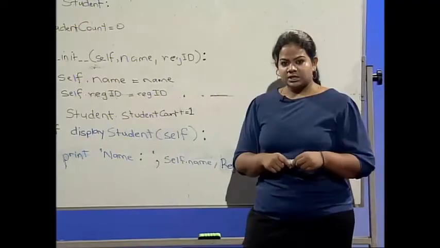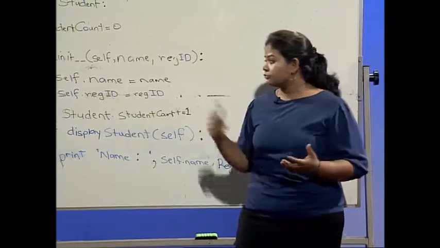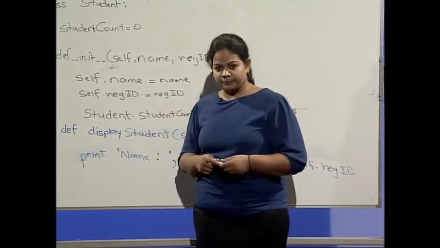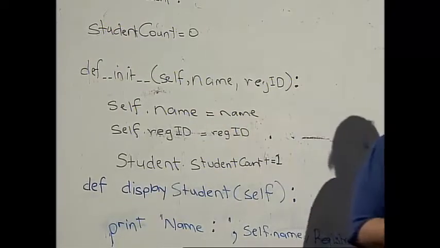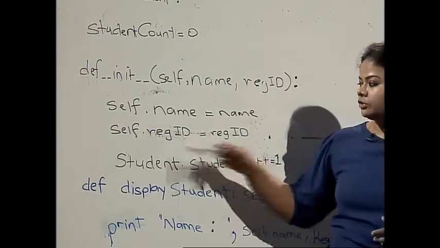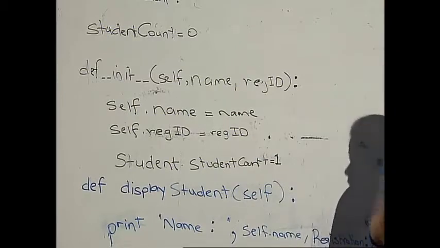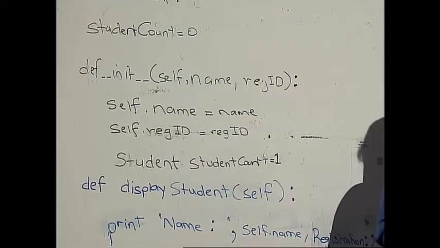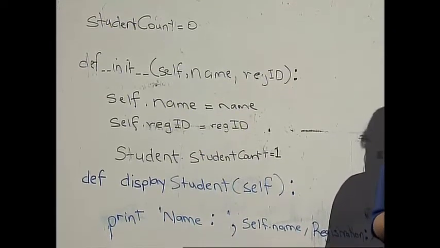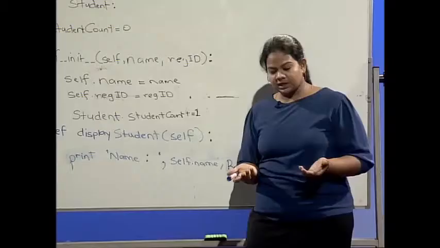Self means it's an object reference referencing the object itself. For instance, we have self.name referencing to the name, and then we have self.registration ID referencing to the registration ID itself. We have the student count, which is a counter. Maybe we can count the number of students present in the class.